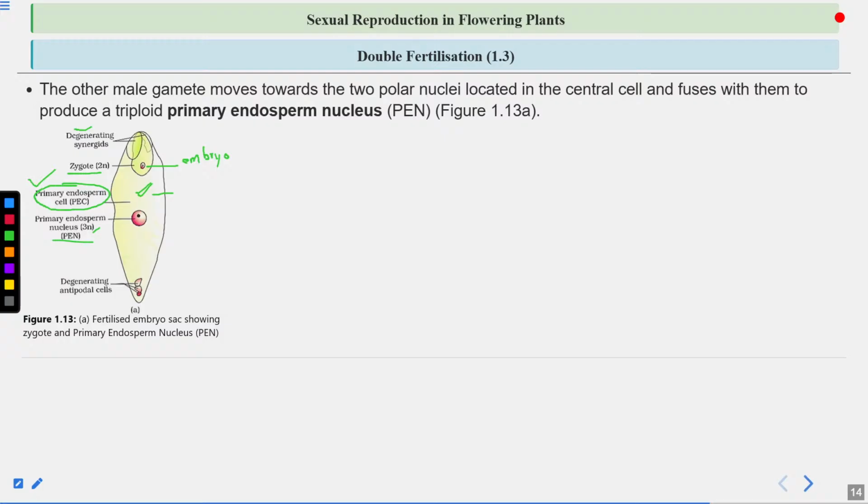So this primary endosperm cell is nothing but, earlier, just before the triple fusion, it was the central cell, but after the triple fusion, it is called the primary endosperm cell, and the nucleus is called the primary endosperm nucleus. Okay, good.